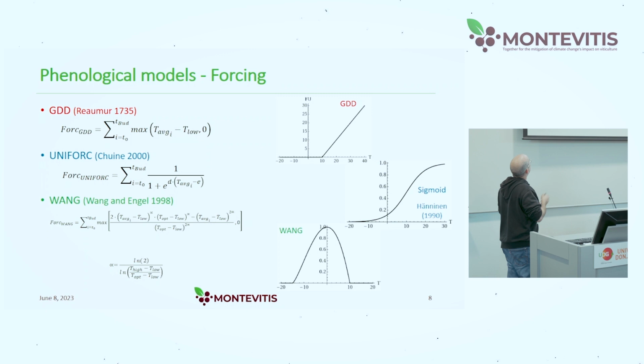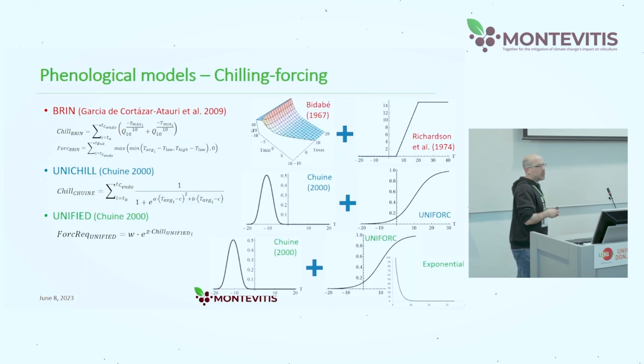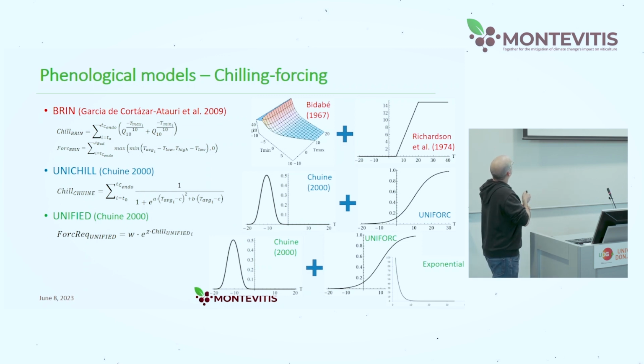And we have another two. The Uniforc model is a sigmoid model with these characteristics, with two different parameters, one of them linked to the shape of the curve, and the other related to the starting point, more or less. Then we have another one in which the accumulation follows this parabolic trend. Then we have another 3 models that are chilling-forcing models, named Bruin, Unichill, and Unified.